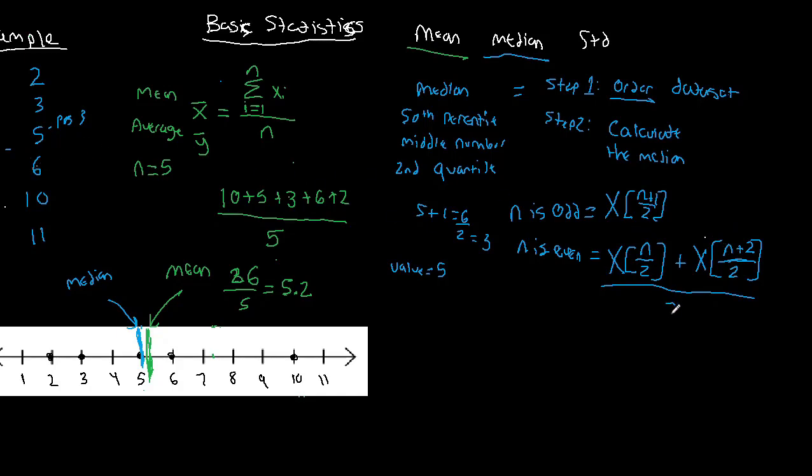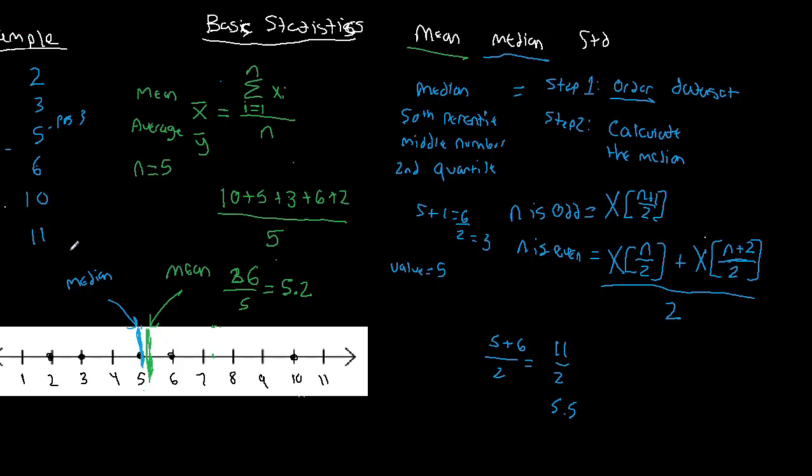And then we're going to divide that by 2 to get our actual median, because it is going to be the number in between the value at position 3 and the value at position 4. So in this example that we've extended here, if n was even, it would be 5 plus 6 over 2. 5 plus 6 is 11, over 2, 5.5.